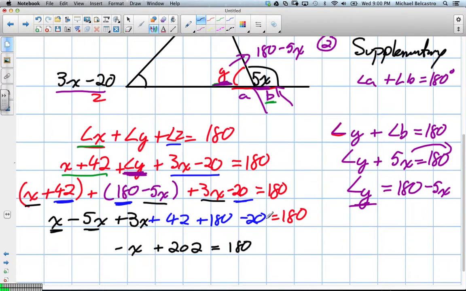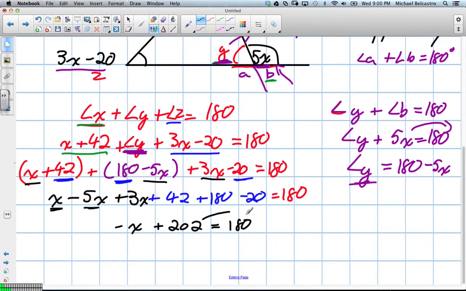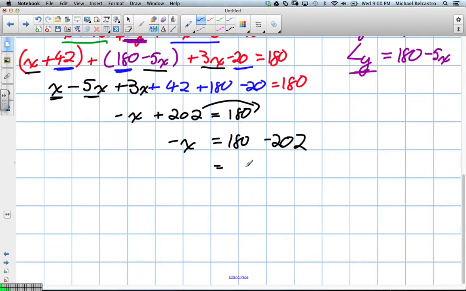Then you do 180 minus 202, so negative x is equal to 180 minus 202, which will give us a negative value, and actually it's going to be negative 22. So negative x equals negative 22, which means positive x equals 22. Think of it like you've divided by negative 1, and the negatives cancel out. It becomes positive 22.